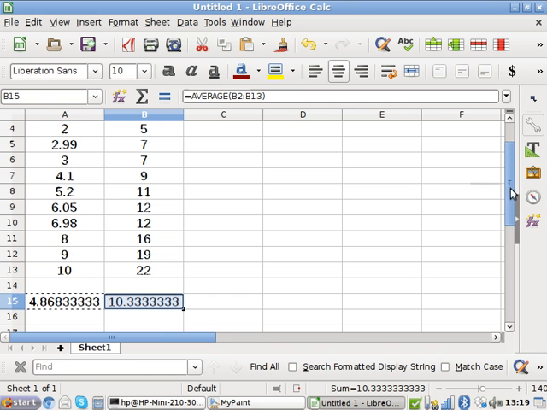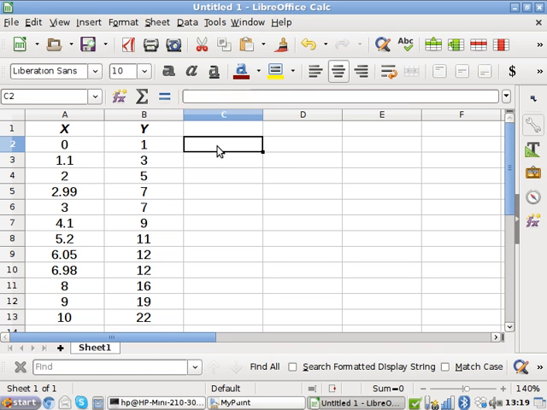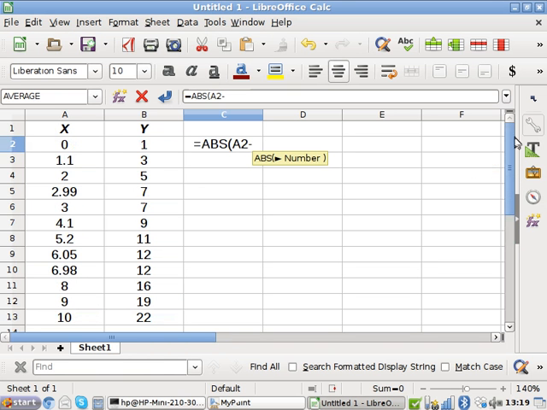So, the next thing to do is calculate the difference. So here you write equals absolute, which is ABS, bracket, and then here I type A2 minus, and if I scroll down, my average is on A15. Now, we don't type A15.